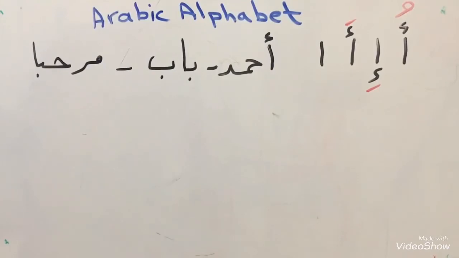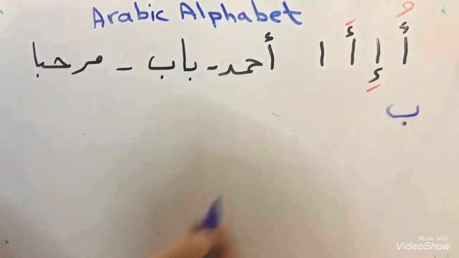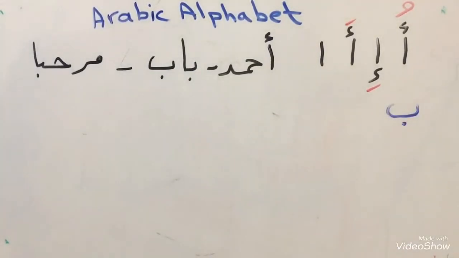The second letter in the Arabic alphabet is called Ba. Ba also is affected by Dhamma, Kasra, Fatha.